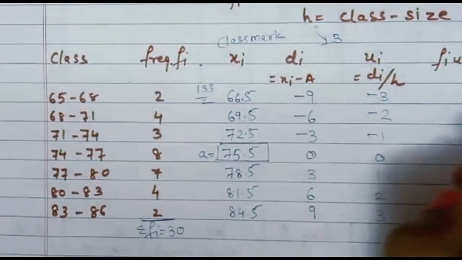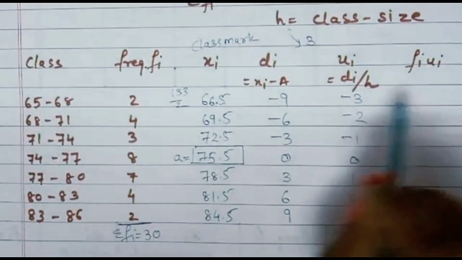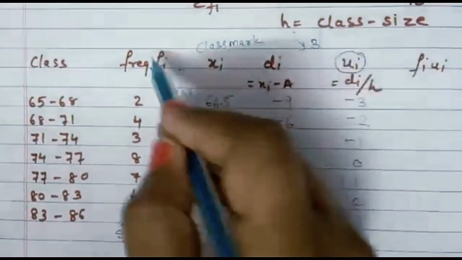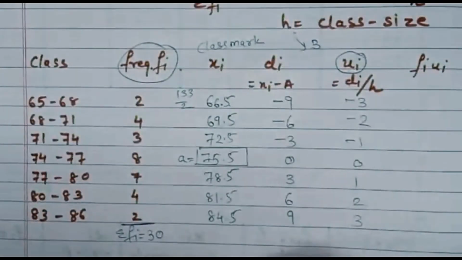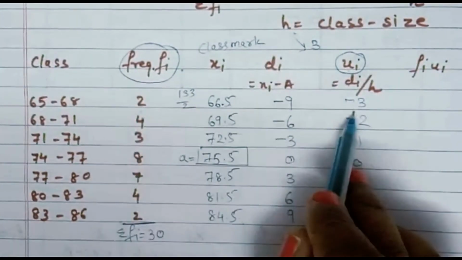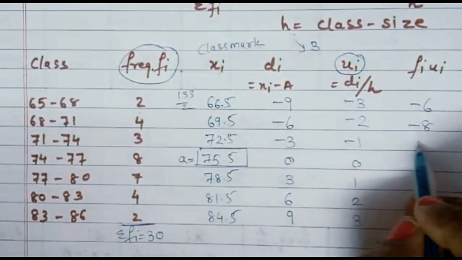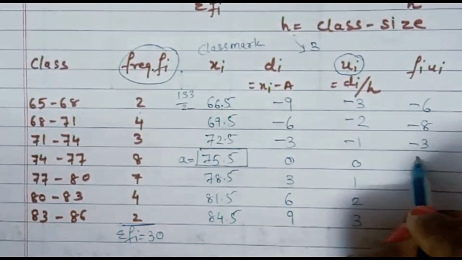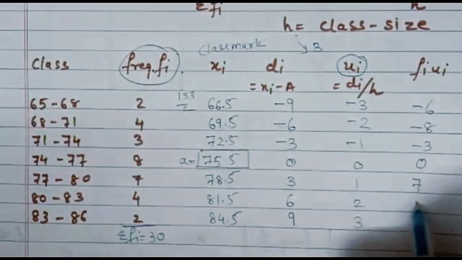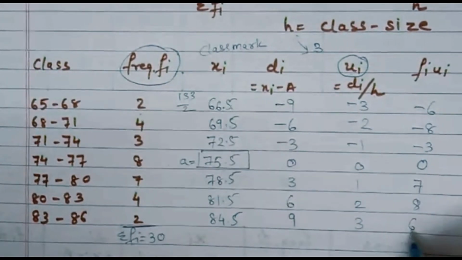The last column will be fiui, where we multiply the value of ui with the frequency. The first one, 2 into minus 3, will be minus 6. Then we will have minus 8, minus 3, 0, 7, 8 and 6.